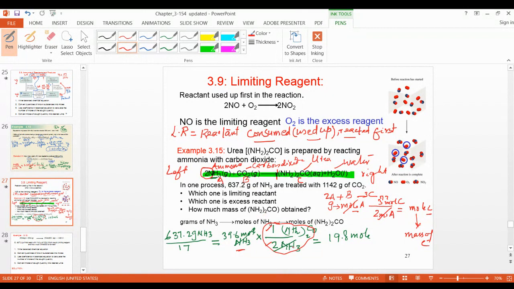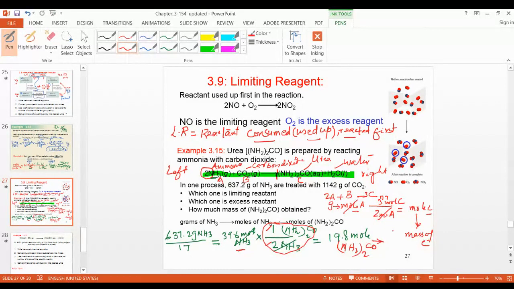Now the moles of NH3 are finished, and now the moles of urea are there. How will you get the mass of this? What do you do in the last step? Multiply by the molar mass of urea, NH2 whole twice CO. That is 60.06.